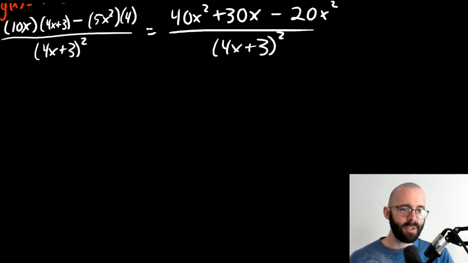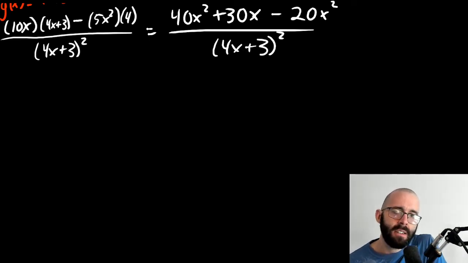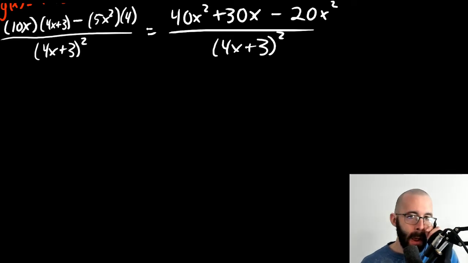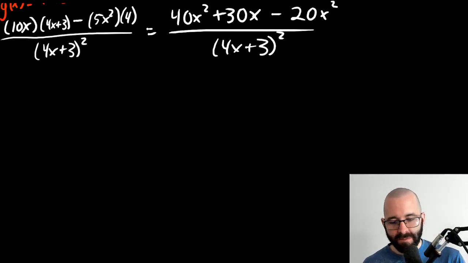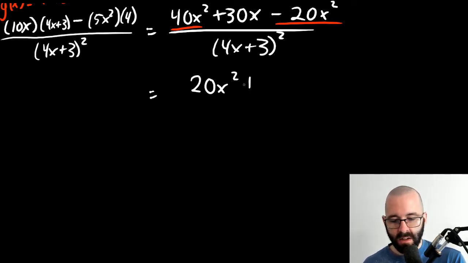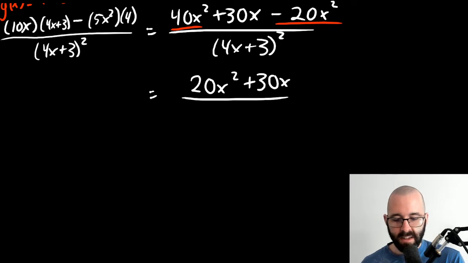Again, when you're simplifying rational expressions, it's useful to leave the bottom factored. Sometimes we have to FOIL out the bottom, but usually we leave it factored. Collect like terms. We have a 40x squared and a minus 20x squared, so it's going to be 20x squared plus 30x.